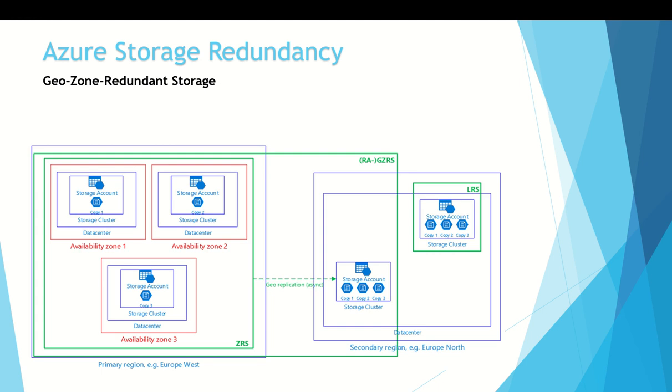For example, let's take a simple example: you have a zone in Boston, and you have a zone in California.